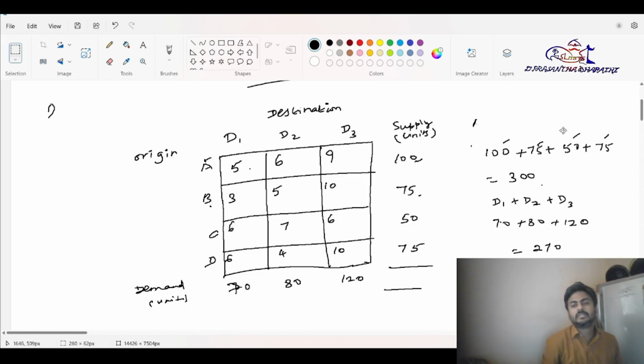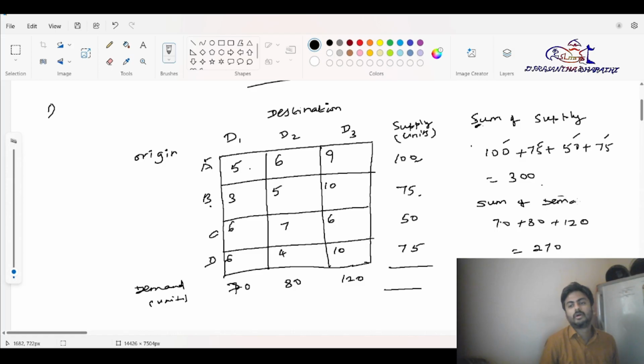I am writing this as sum of supply, and this can be called sum of demands. So here I need to add 30 more units to demand.